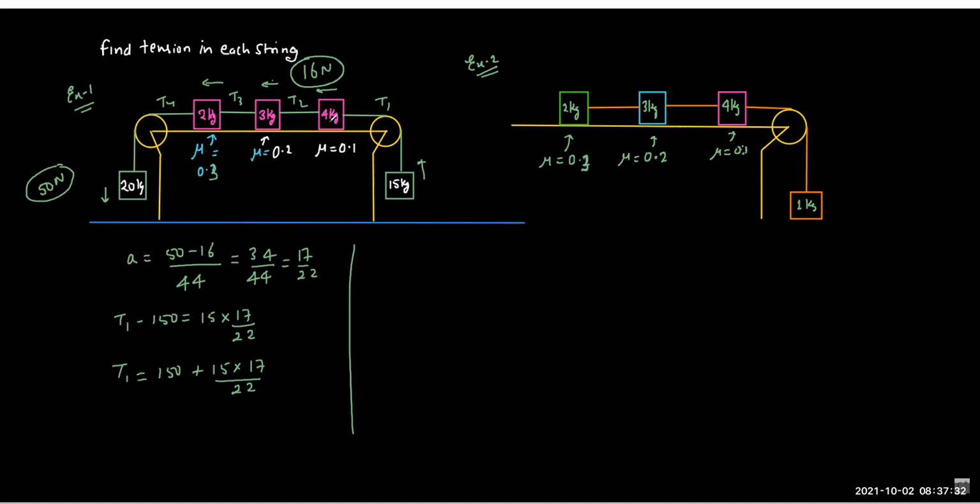So if you look at the T2, T2 is pulling this way, and definitely the friction is opposing this way, and that is just 4 Newton.